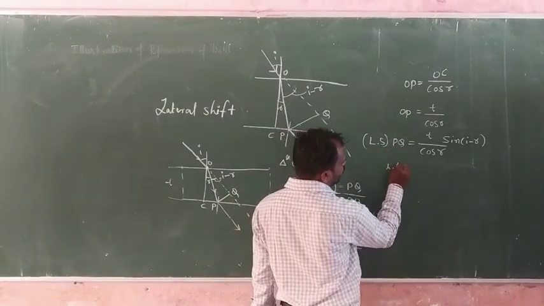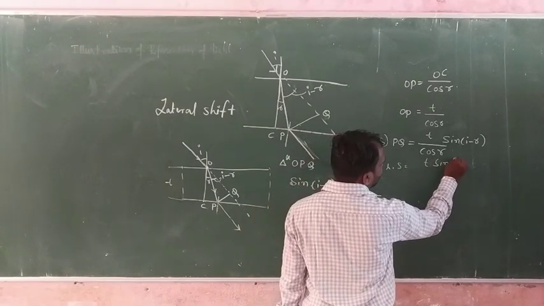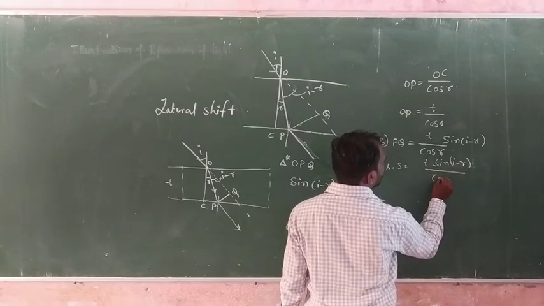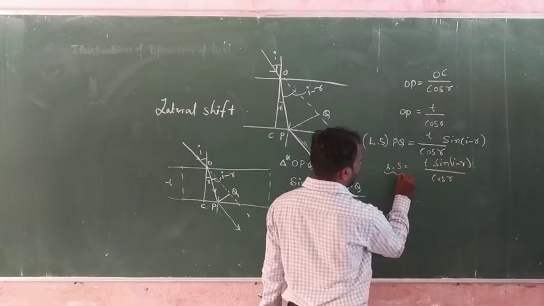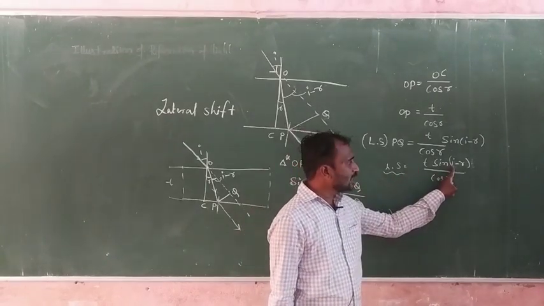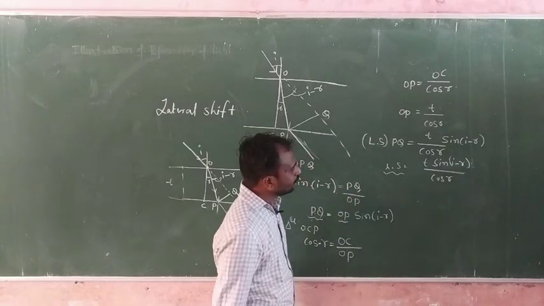So the lateral shift is equal to T into sin I minus R divided by cos R, where T means the thickness of the glass slab, I means the angle of incidence, and R the angle of refraction.